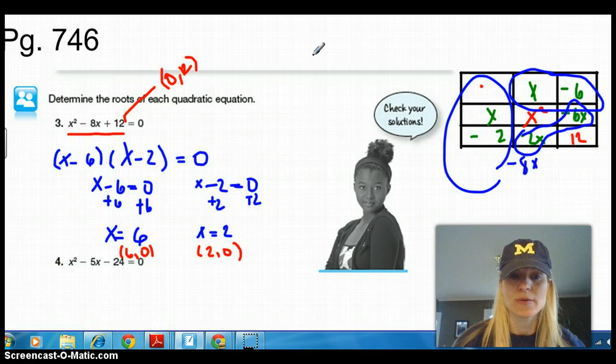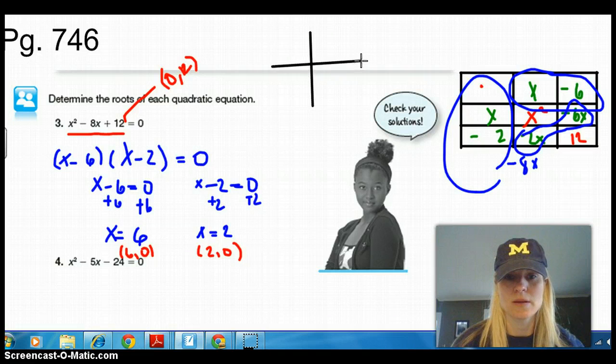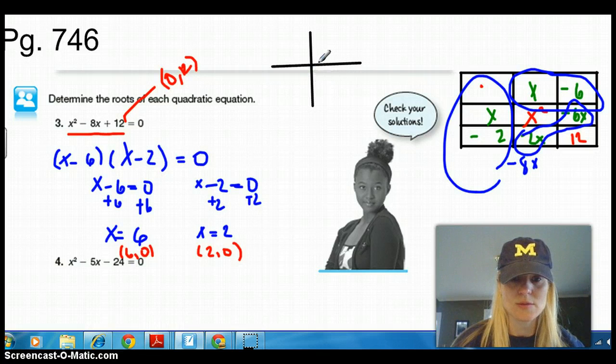Okay, so if I were to graph this, I would know that this would be at 2, cross right here, and 1, 3, 4, 5, 6. So my roots would cross through the x-intercepts here, and then the x-intercepts here.